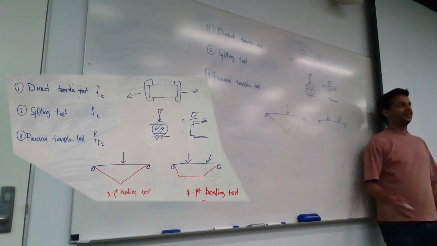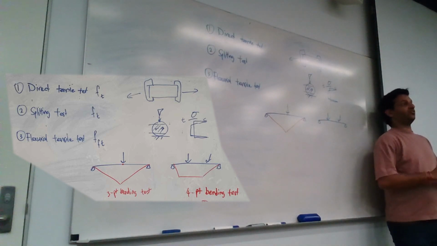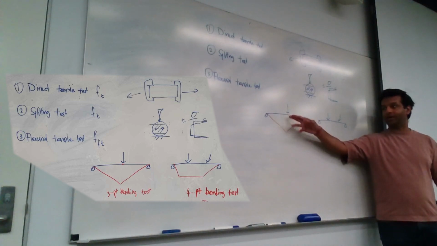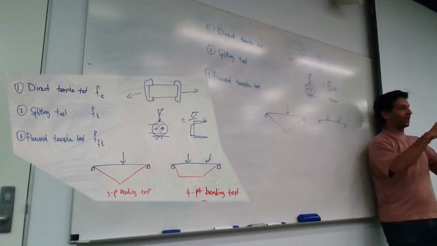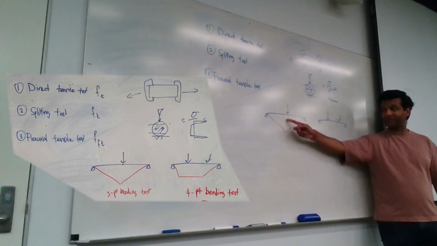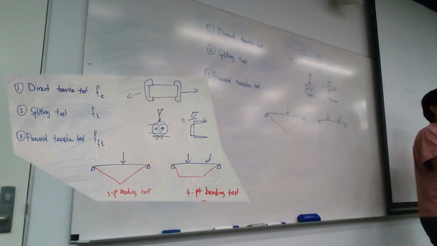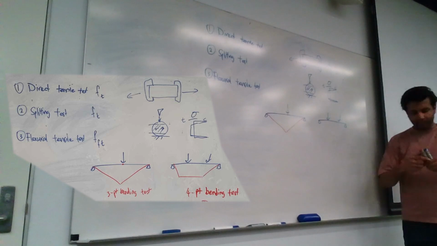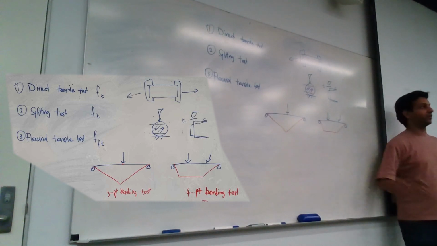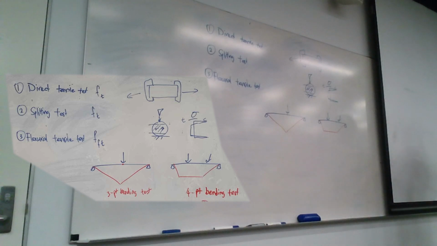what can cause that? Let's say you didn't spread your aggregate well enough, right? And all your aggregates are clumped up here in the center. This will be very, very strong. And you're effectively only testing this cross section, so it's not fair, right? Because you're only testing one part. Over here, your bending moment diagram looks like this. It's preferred because you're testing a wider range of the beam.